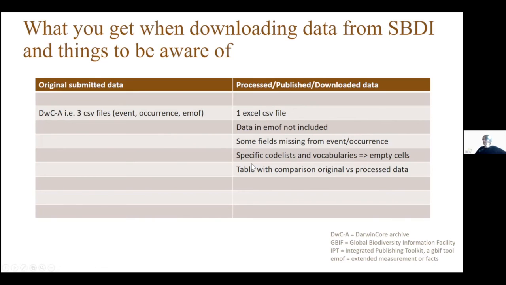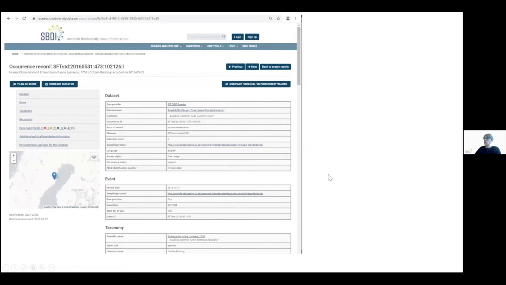But SBDI actually provides a table that gives you a comparison of the original versus the processed data. So when you're looking at one of those specific records, this is the same view that I showed before. You've chosen one of the records in a dataset. This is what you see.